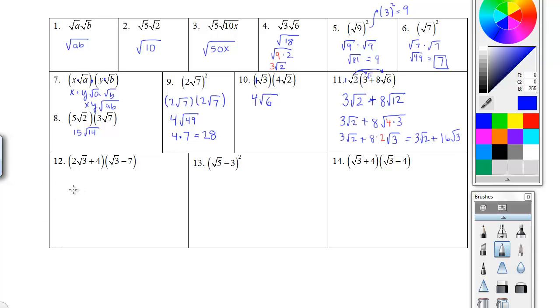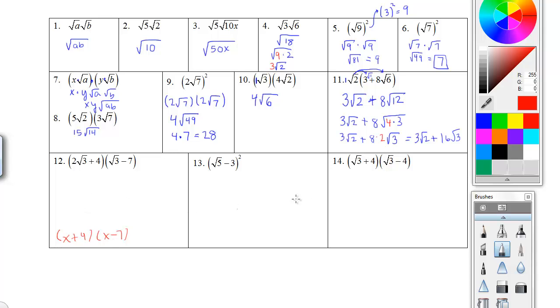Alright, so now this bottom row here definitely gets more complicated because you have a binomial times a binomial, and you have to use the distributive property twice here. Just like you do if you have to do a problem like x plus 4 times x minus 7. We have to do x times x minus 7 and 4 times x minus 7.